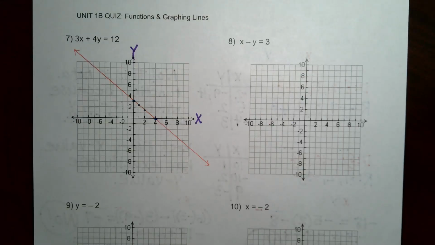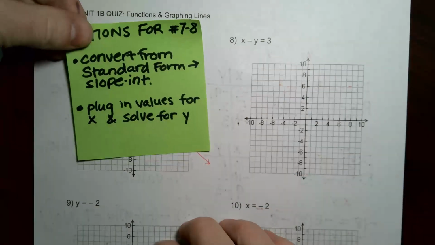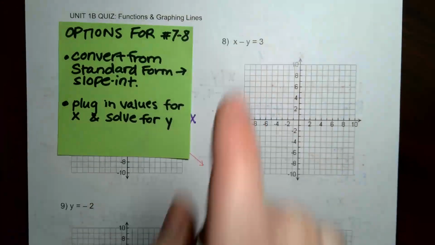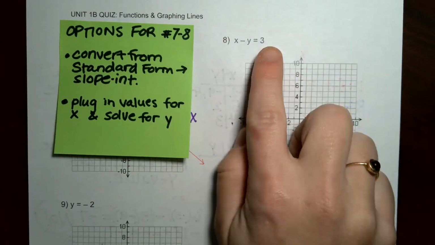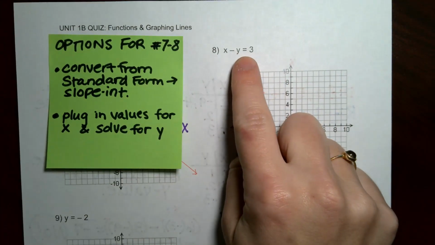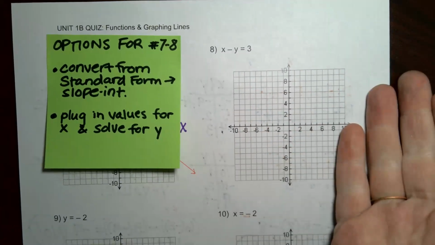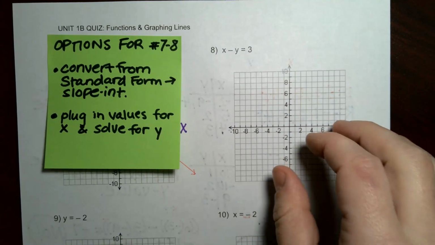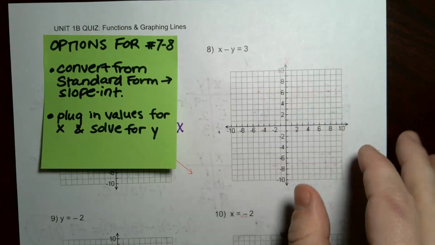All right, so we are back from lunch. And remember, for numbers 7 and 8 on your quiz, it'll be the same. Remember, you have 2 options here. You can start by converting from standard form into slope-intercept, and then plot that y-intercept and your slope to find your graph.